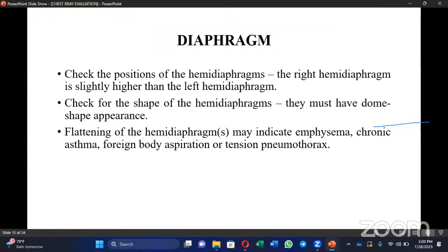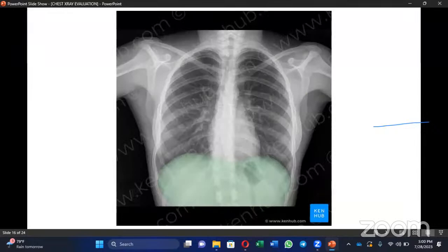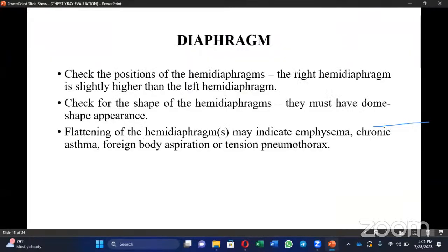Whenever you see flattening of the diaphragm, you should call for further assessment to look out for the reason for the flattening. The diaphragm should not be flat. It should appear just as it is being traced out here. Flattening can be as a result of hyperinflation, which may be due to inhalation of a foreign body that chokes the airspace and causes hyperinflation in the unaffected lung.